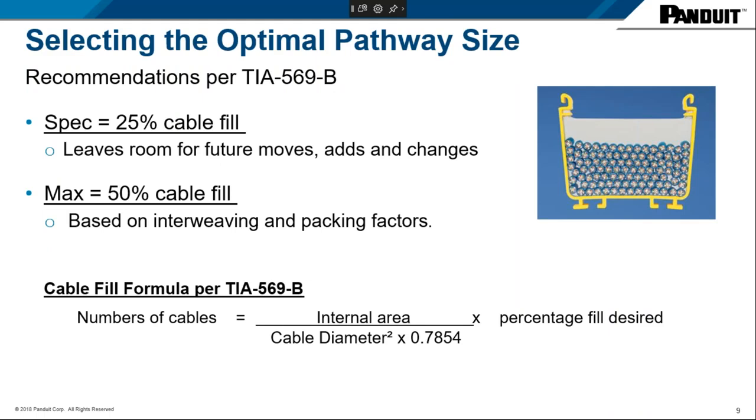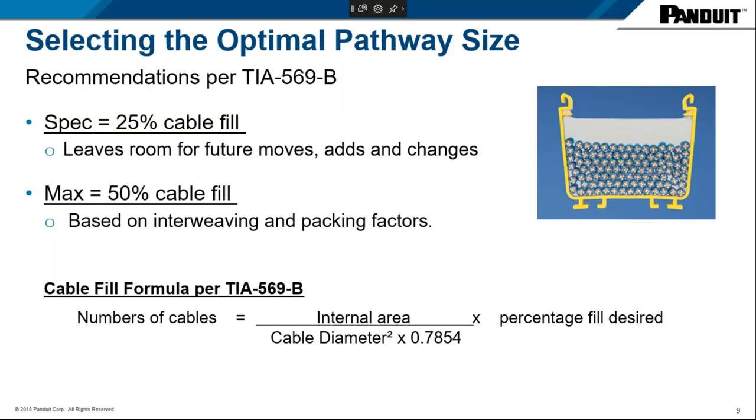And here is where I also wanted to highlight how we can continue to be that trusted advisor for our customers. We do want to provide recommendations on the pathway size that they should be looking at. So we like to recommend a 25% cable fill for the pathway itself. And you might be thinking, well, that's not very much.